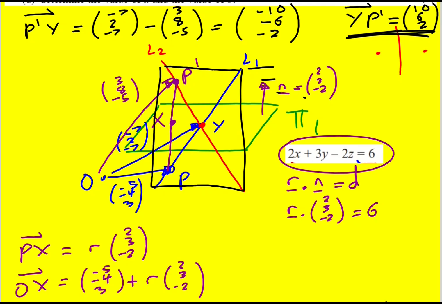But the key idea you need to get across is that we know that X and Y are both in both planes. It's definitely in the first plane because that's how we found them, by finding the values.